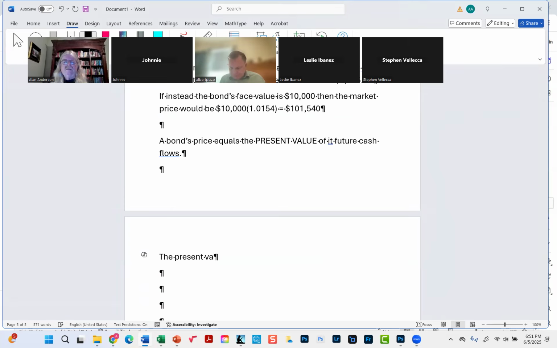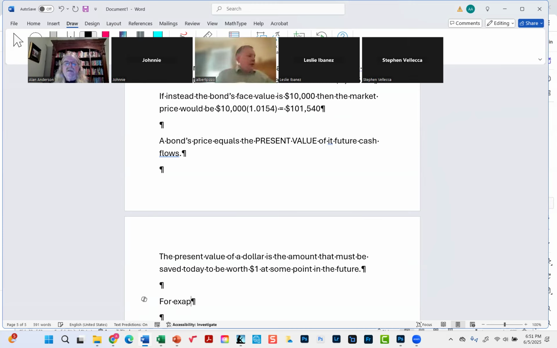Present value of a dollar is the amount that would need to be saved today to be worth a dollar at some point in the future.